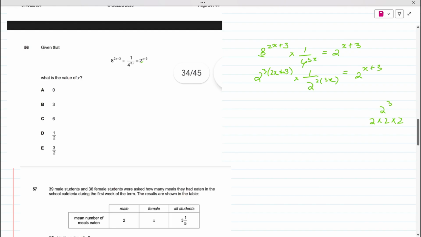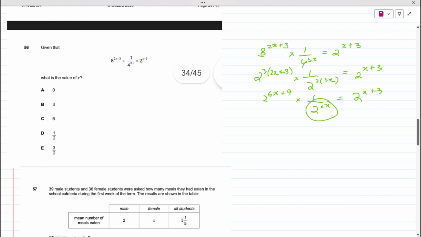Now see, this power 3 would be multiplied with the entire bracket. So 2 into 3 is 6x plus 3 into 3 is 9, right? Into 1 by 2 power 2 times 3, which is 6x again, equals 2 power x plus 3.